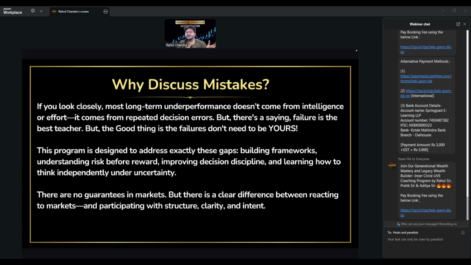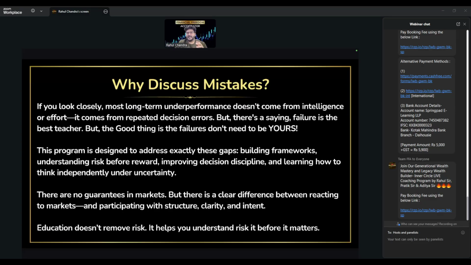All you can do is be prepared for everything and have a plan of action for any sort of market scenario. That is all that you can do as a participant, as a trader, as an investor. Correct? Don't react. Be prepared and act independently, preemptively. Because education does not remove risk, it helps you understand risk before it actually becomes a risk for you.